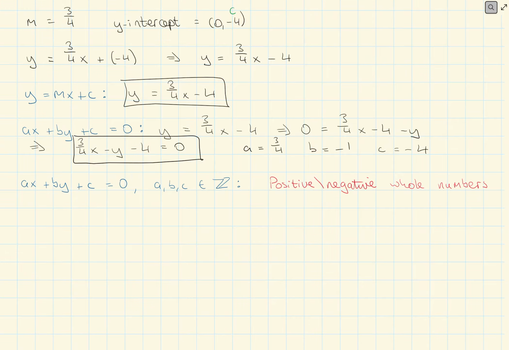So we have an issue here because our line, when we rewrote it, was 3 over 4x minus y minus 4 equals 0. And this here is an issue.